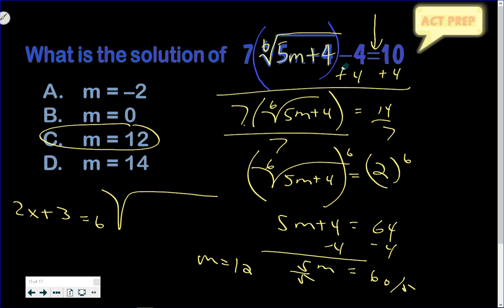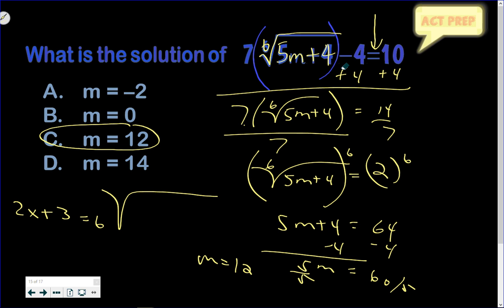So to get 2, you took 14 and divided it by 7 and got 2. 14 divided by 7 is 2, isn't it? So that's what the radical over there is with the 6 next to it.